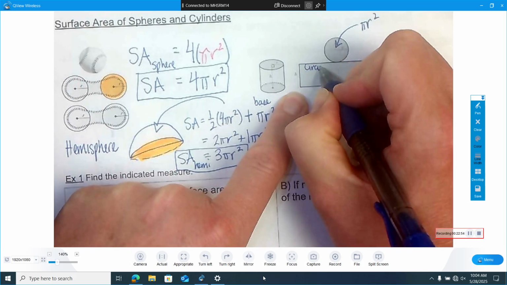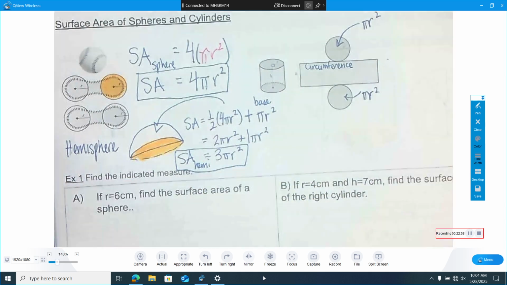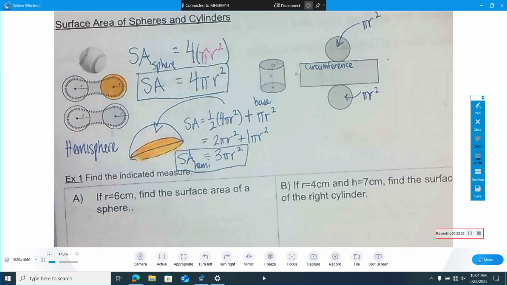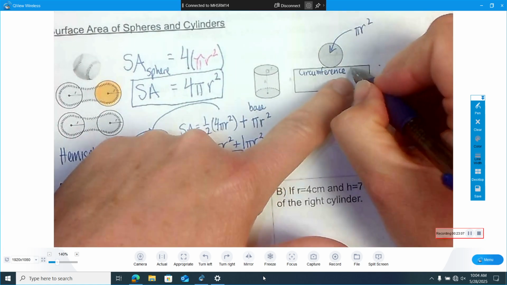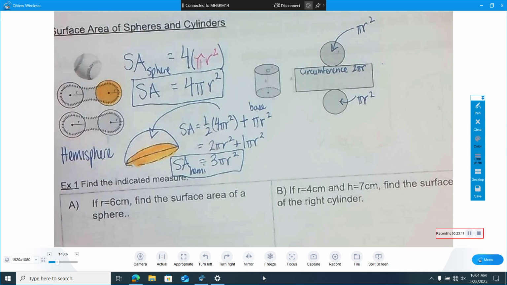Very good. What's the formula for circumference? 2 pi r, very good. You can measure the circumference of a can by just taking off the label.